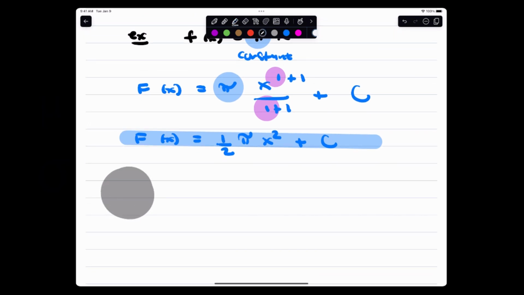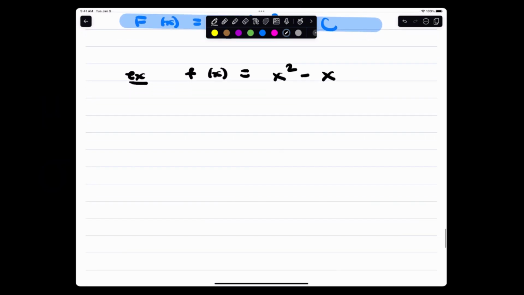All right. F of x is x squared minus x. Okay.